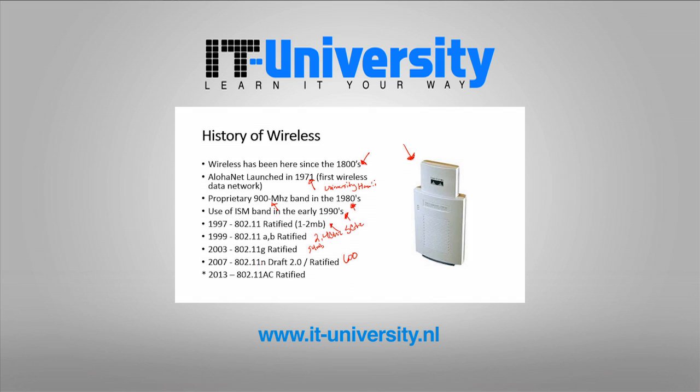So you can see, since this new millennium, we've come quite a way. 600 megabits, and now AC is officially ratified, hooray, in January of 2013. Actually, I think this was 2014. Sorry about that.